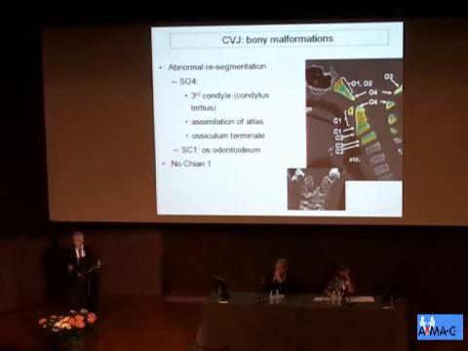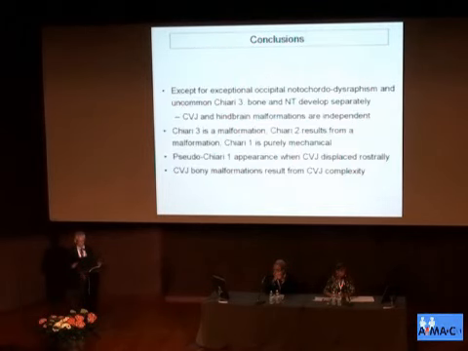There shouldn't be any division between C1 and O4. If the division remains, then you have the ossiculum terminale. And below, if the fissure between the rostral and the caudal C1 persists, then you have the os odontoideum. But in those cases, of course, you have no reason to have a Chiari 1 or something that looks like a Chiari 1 malformation.